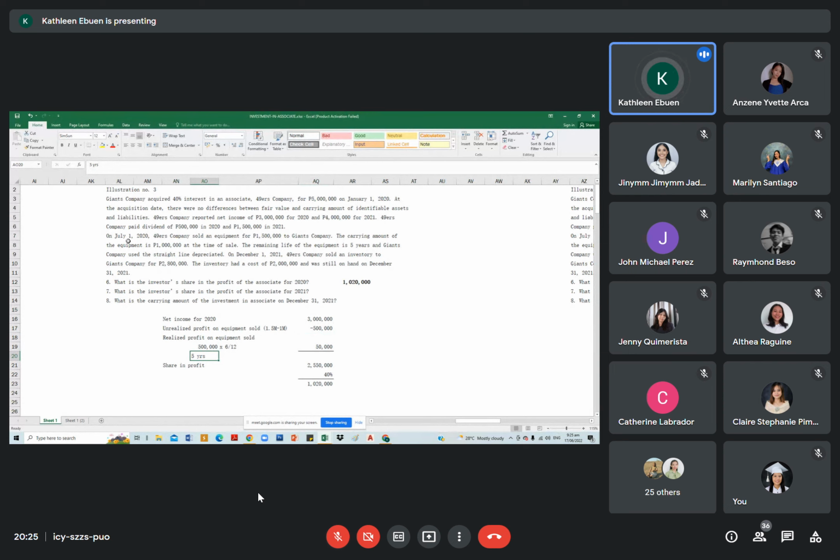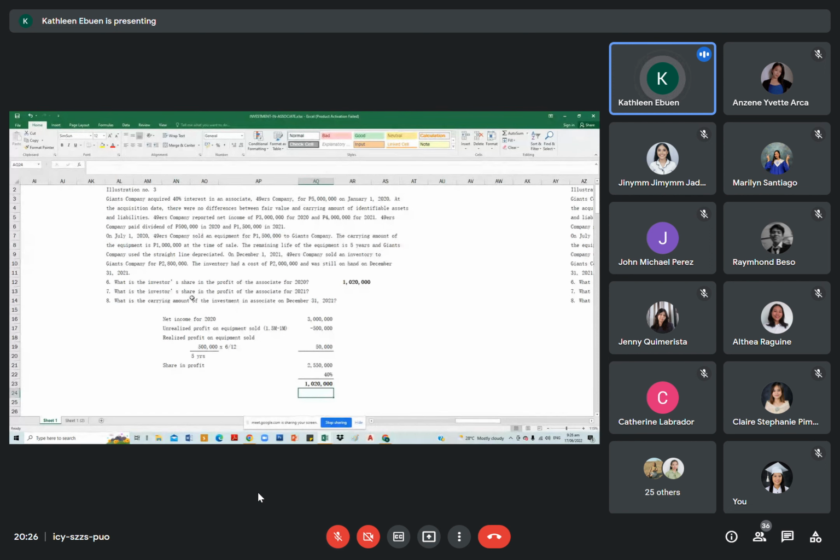Dahil yung sale po ay nangyari lang ng July 1, 2020, so multiply natin ng 6 over 12. We get the adjusted net income na 2,550,000. Therefore, ang share in profit natin is 1,020,000.